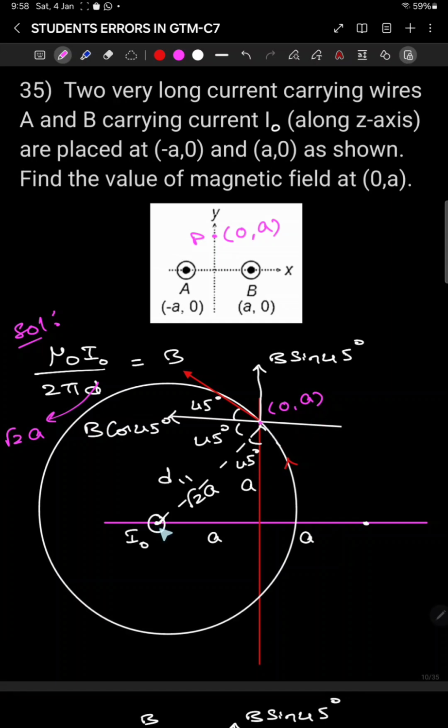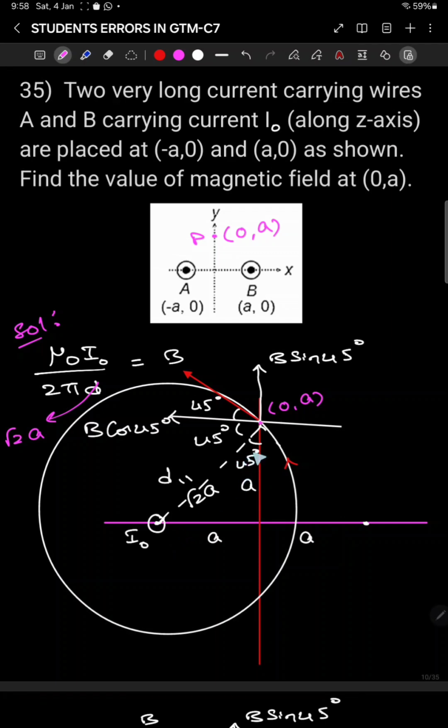According to the right hand thumb rule, when the thumb is the current direction, the four fingers show the magnetic field, which will be anti-clockwise like this. Once again, when the thumb is the current direction out of the board, the four curled fingers represent the direction of rotation of the magnetic field. Draw a tangent here to find the magnetic field at point (0, a). Here you can see this is a, and this is also a.